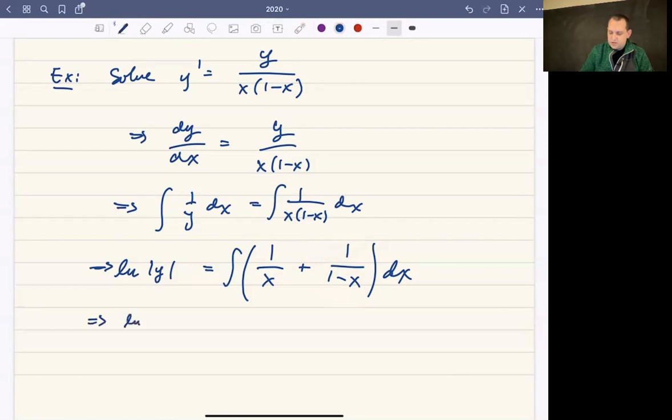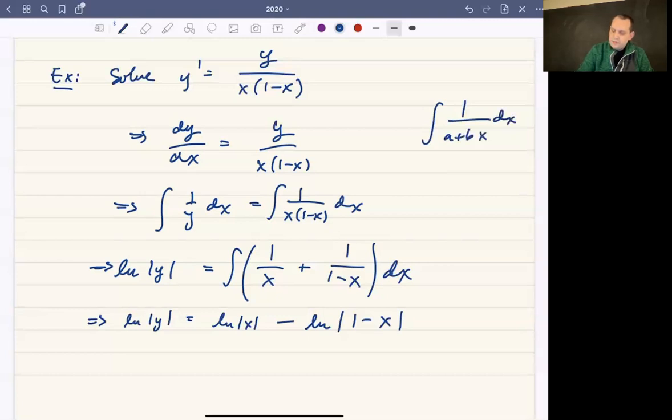So there we go, there's a partial fraction decomposition. This tells you that the natural log of the absolute value of y is equal to the natural log of the absolute value of x plus the natural log of the absolute value of 1 minus x times a minus 1. Here we use the fact that if we integrate 1 over a plus bx, this is going to be equal to the natural log of the absolute value of a plus bx divided by b, plus c.